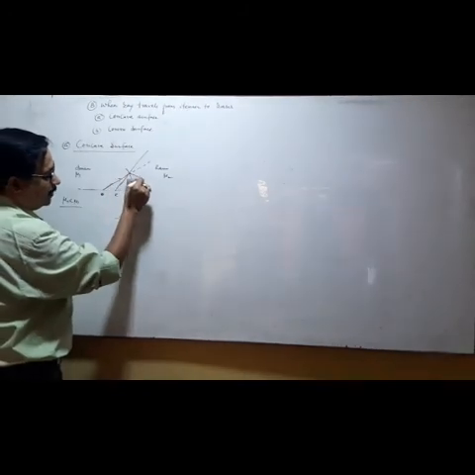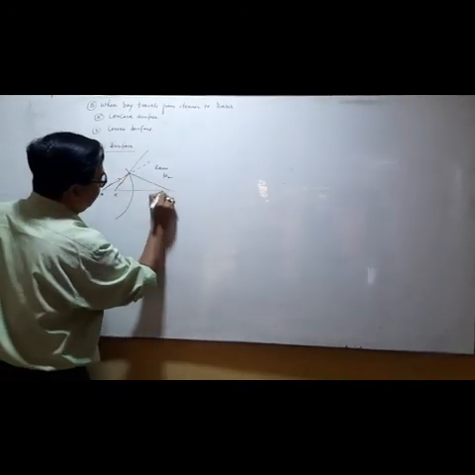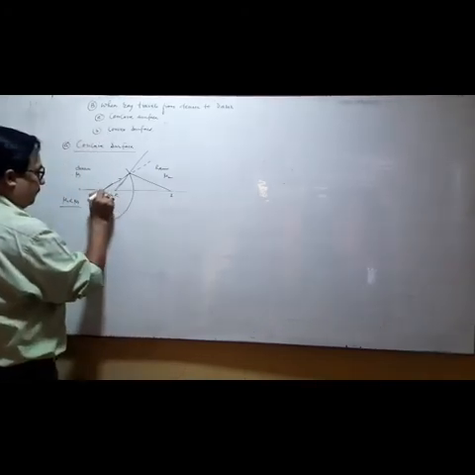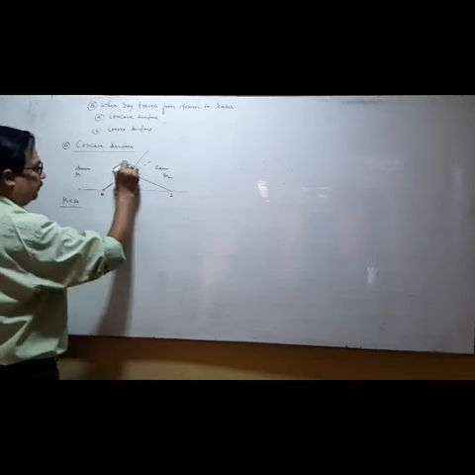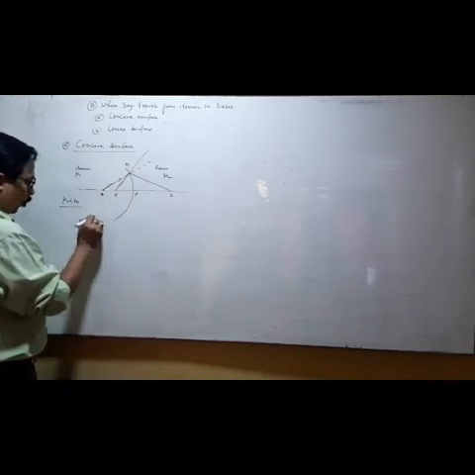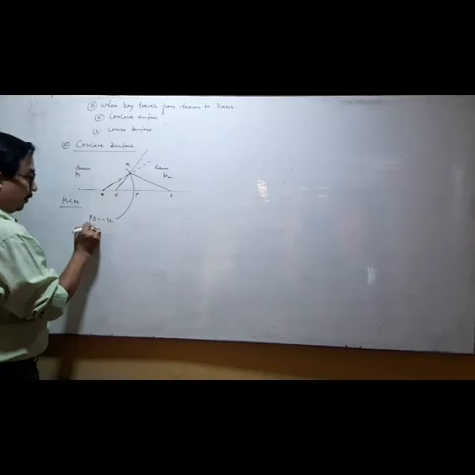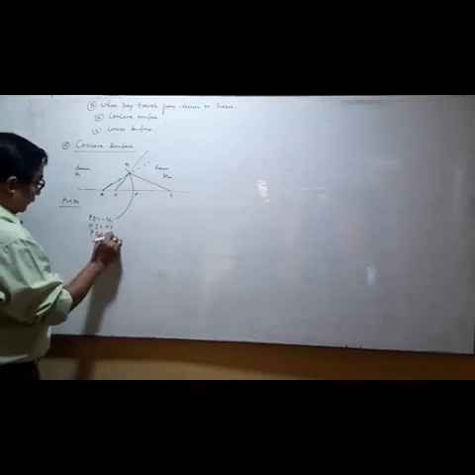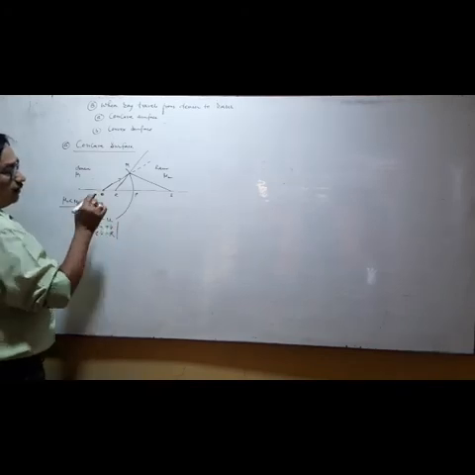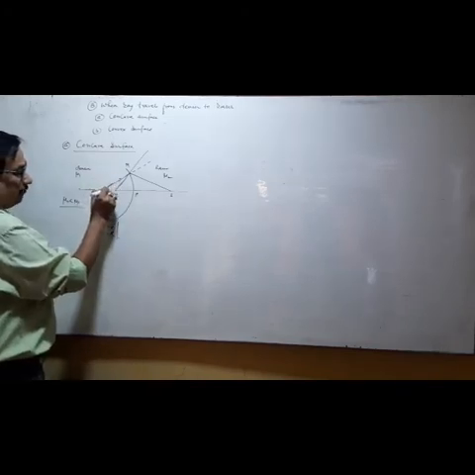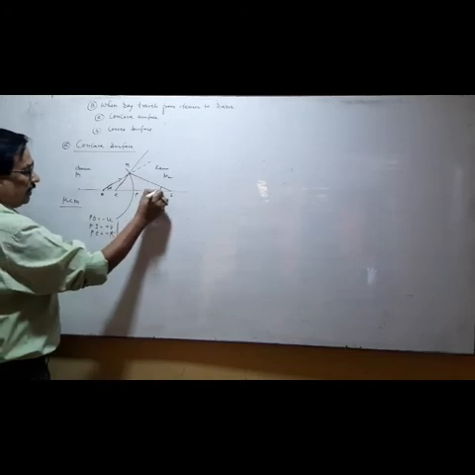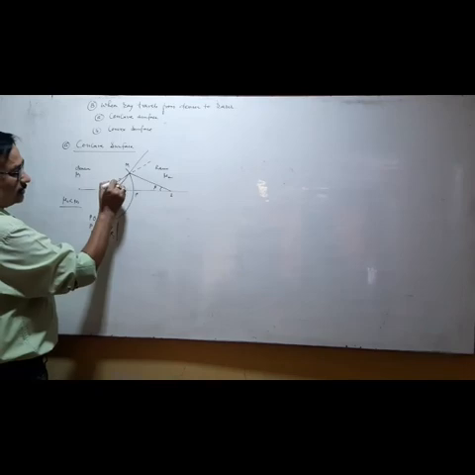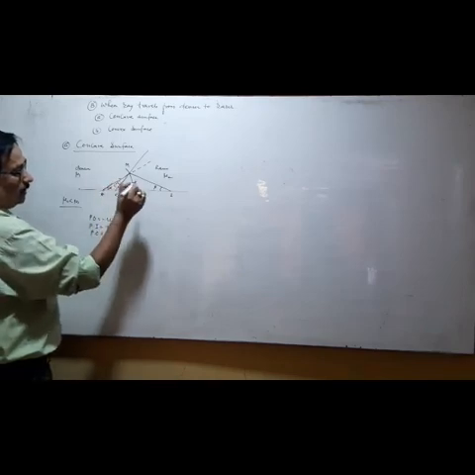So the first case will be this one. Here PO is minus u, PI is plus v, and PC is minus R. Right? So search for this angle as alpha, this angle as beta, this angle as gamma, and I is this angle, and R is this angle.